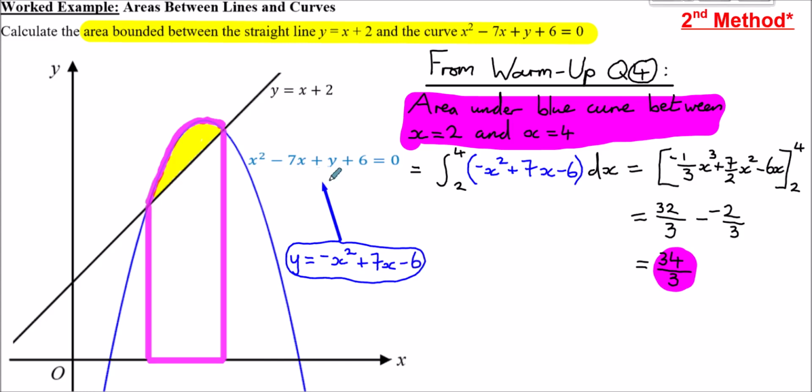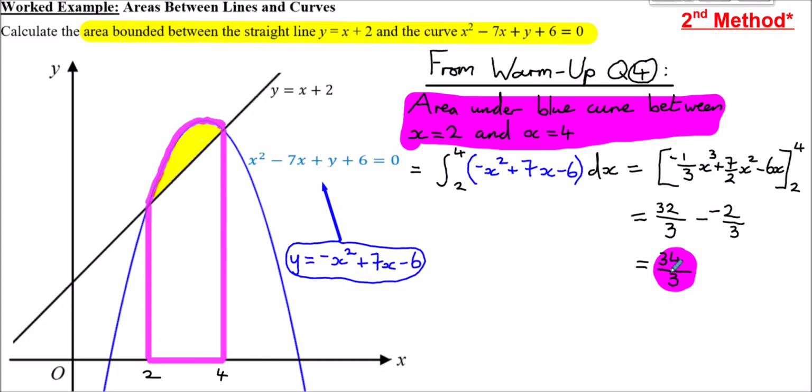If we were to integrate this function between 4 and 2, that's going to tell us the area underneath all of this curve. It's going to tell us this total area with the purple boundary. And like we got from warm-up question 4, that's 34 thirds. So we know the area of everything bounded in the purple is 34 over 3.